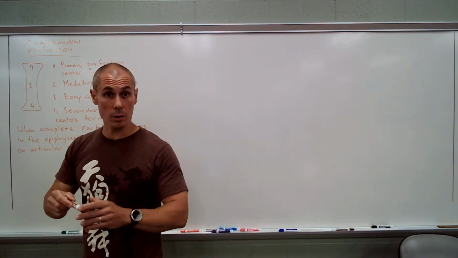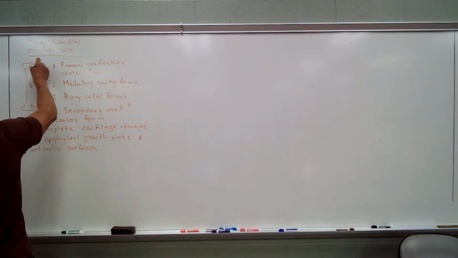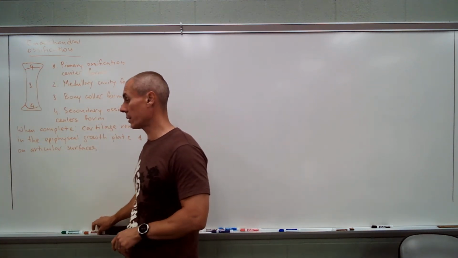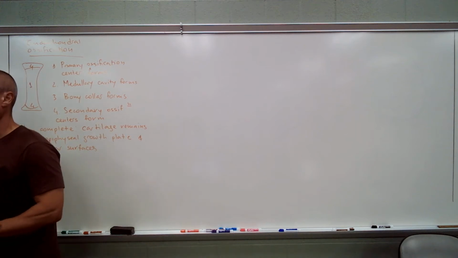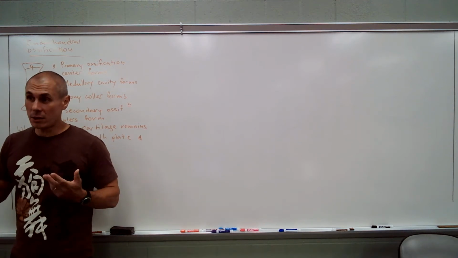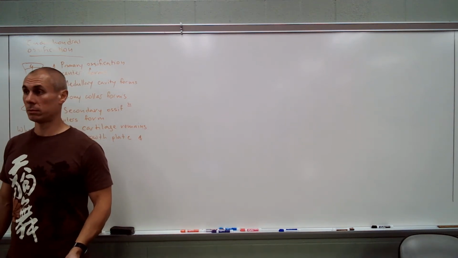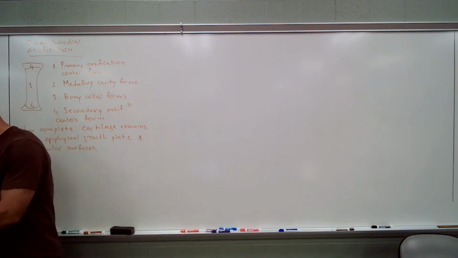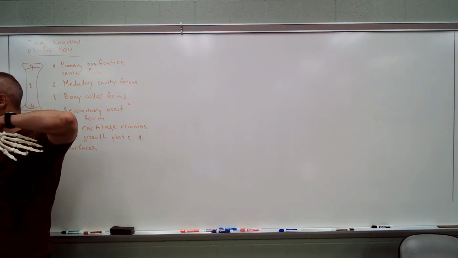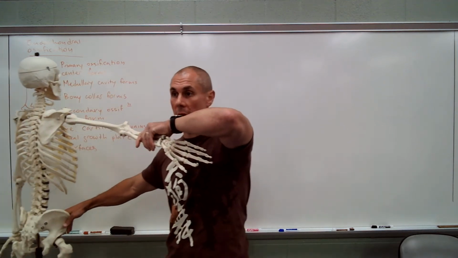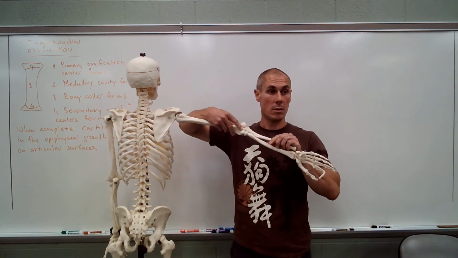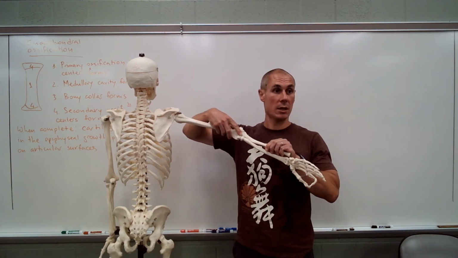So the epiphyseal growth plate, as mentioned, is going to look like this. What is the articular surface? The articular surface of a bone is any surface of the bone that articulates with another bone. So for instance, here in the elbow joint, the trochlea of the humerus is the articular surface.